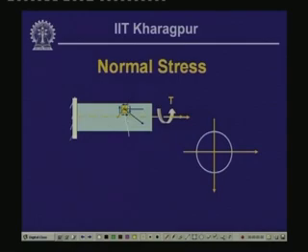Now, this particular element is subjected to shearing stress, which is in this form. If we try to plot this shearing stress of this element in terms of a Mohr circle, this is the sigma axis of the Mohr circle, this is the shearing stress axis, and these are the positive directions for tau and sigma.